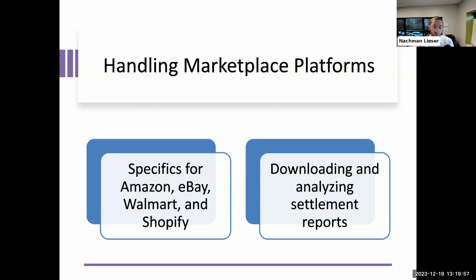One of the things you also want to make sure for year end is that you recorded all the sales that happened in 23 in 23. For example, the way marketplaces work, and that would be specific for Amazon, eBay, Walmart, Shopify, is that they do something called a payout, where they accept the money from the customers, they process everything, and then they give you the money once every 2 weeks.